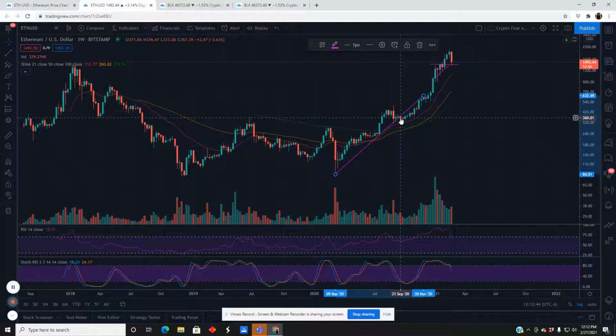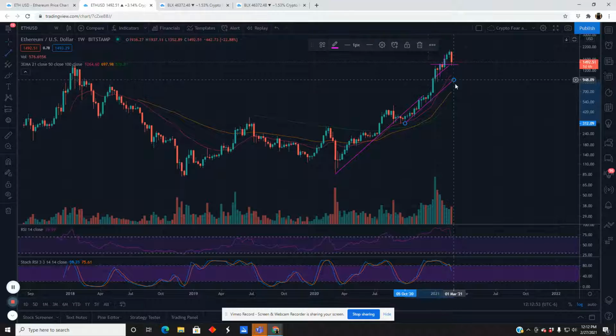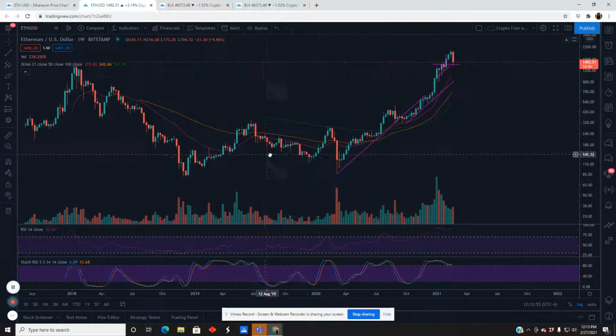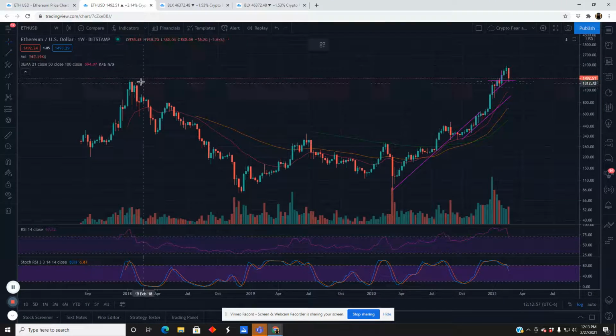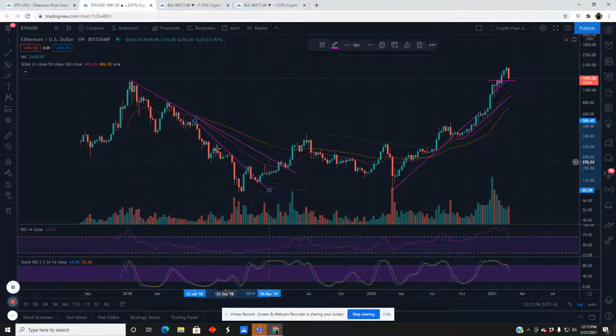And then we consolidated. Once we broke below it, we consolidated and then created a new trend line. And then kept going up from there. We did have a trend line here that was creating resistance. And then we created another trend line here that was creating resistance.